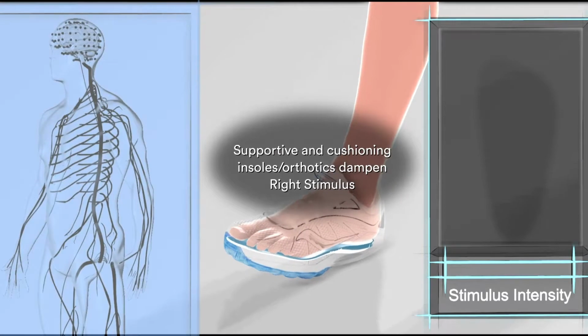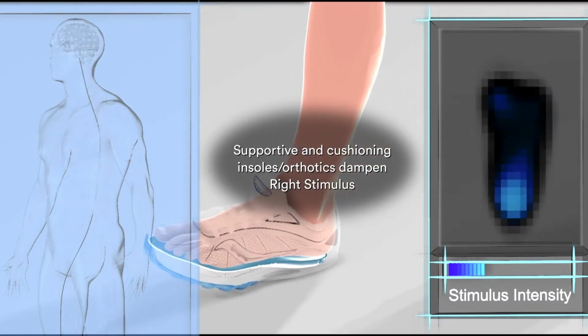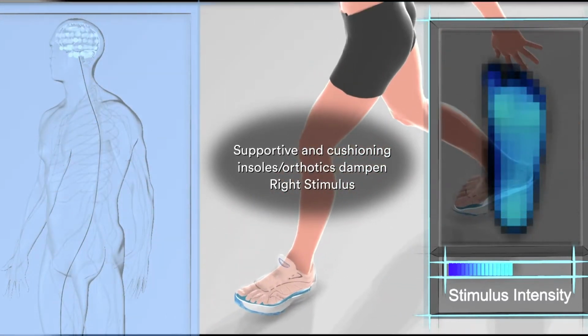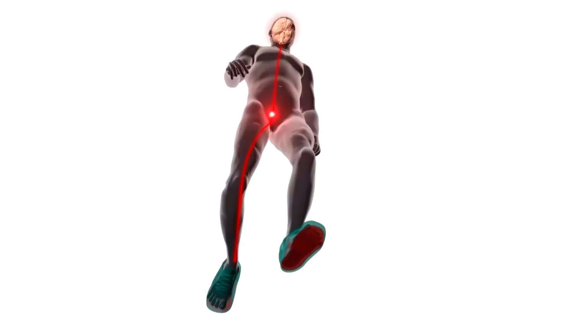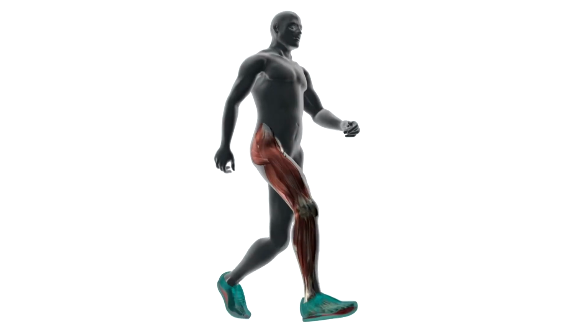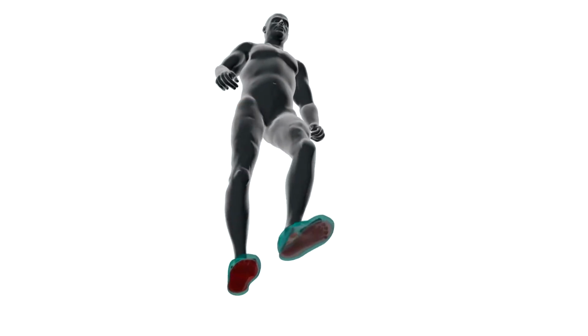This is particularly true for shoes or insoles that support or cushion our feet. They spread the forces evenly across the soles of our feet, creating sensory input that's muted and repetitive, step after step. Within a short period of time, our brain tunes out the stimulus and stops responding to it.